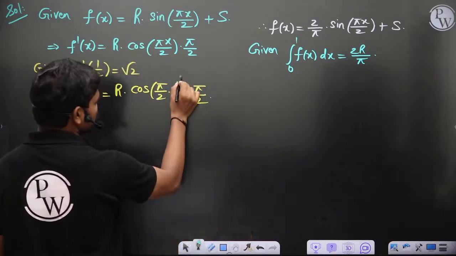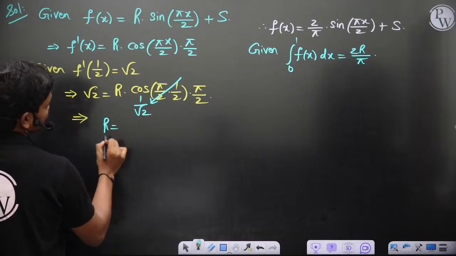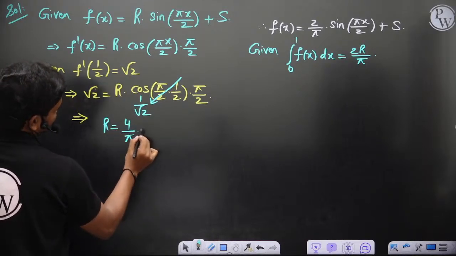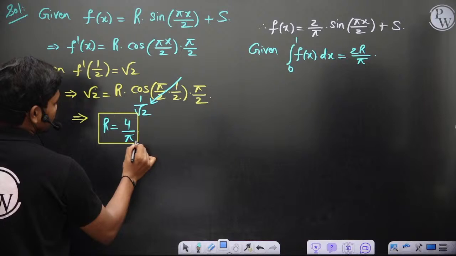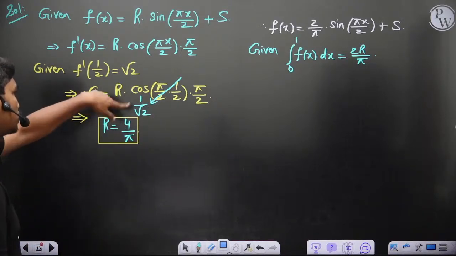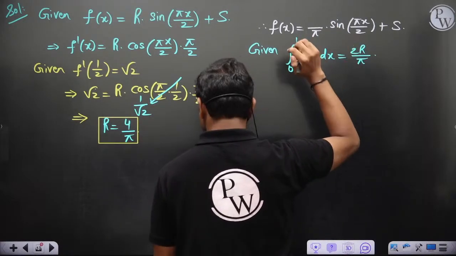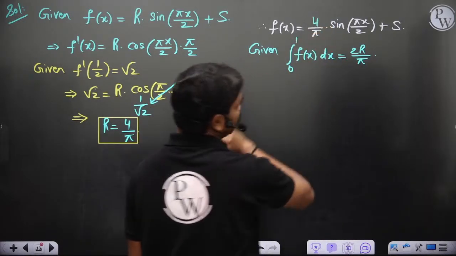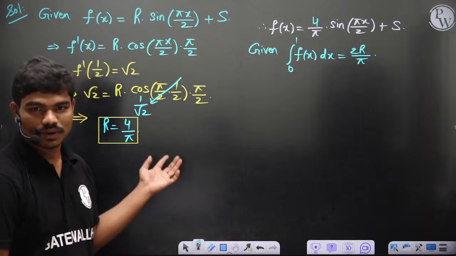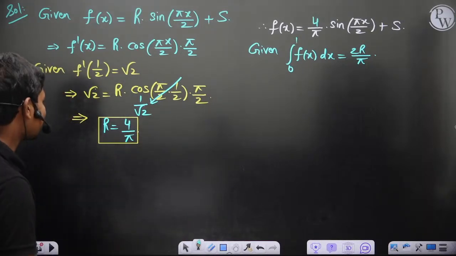This is the reason why you should not do direct calculations. So R is equal to 4 by pi. Okay. So R is 4 by pi, because the 2 and 2 cancel with pi, so this term becomes 4 actually, not 2. So this is 4 by pi. Yeah, cos 45 is 1 by root 2. Thank you. These kinds of mistakes we obviously make.